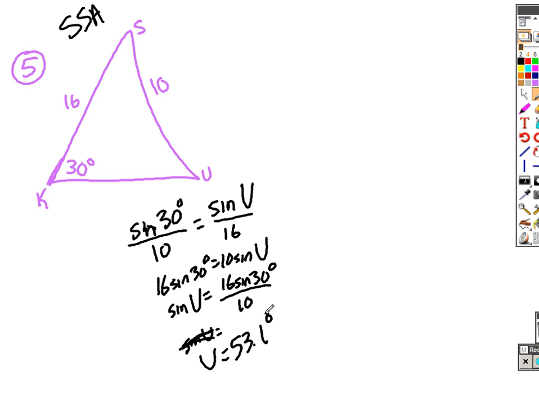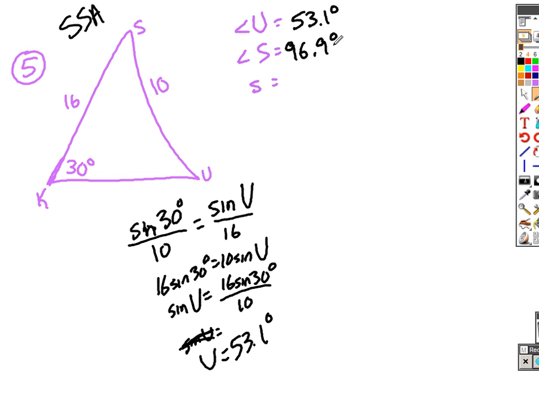Again, let me make sure I have these marked up with what I need to find. I need to find angle u, angle s, and little s. I just found that big U equals 53.1 degrees. I can then immediately find big S as a result because they need to add up to 180. So this should become 96.9 degrees.